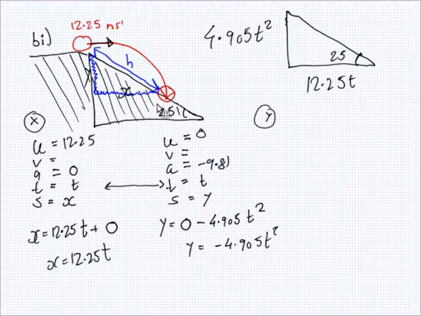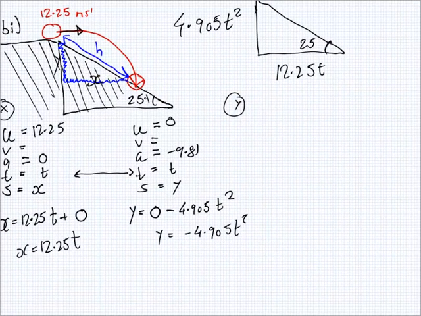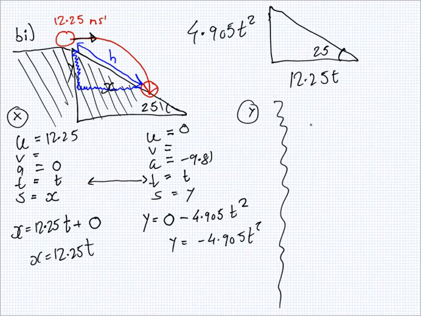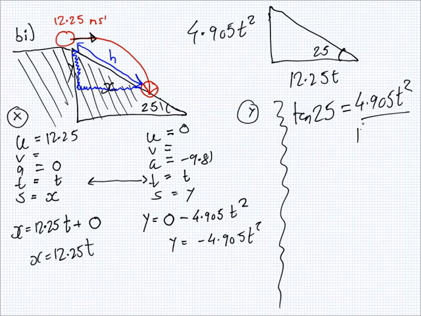Right, what angle is here? 25. Now you see me magic, okay? Just brace yourself. I'll do it over here. What is tan 25 equal to? 4.905 t squared over 12.25t.